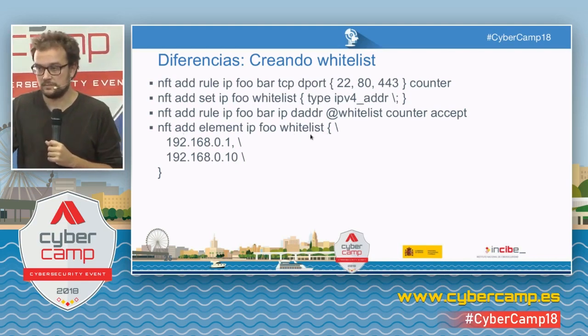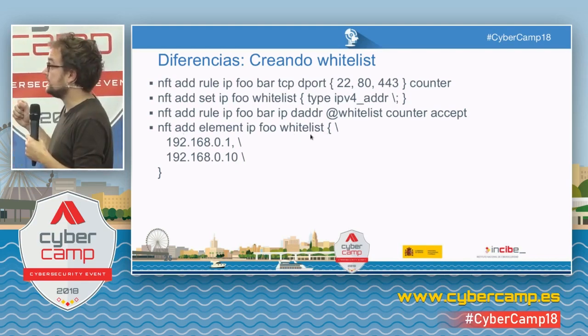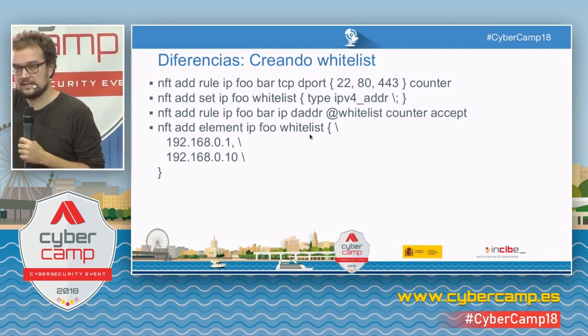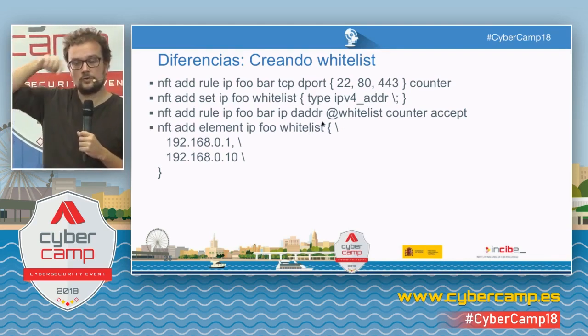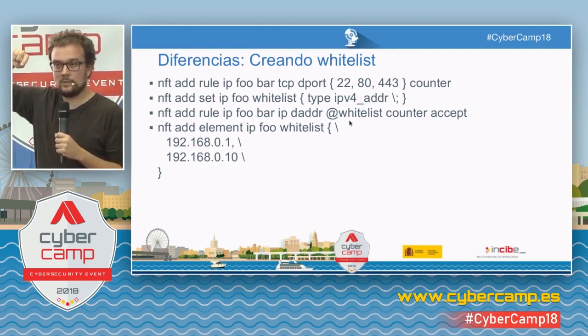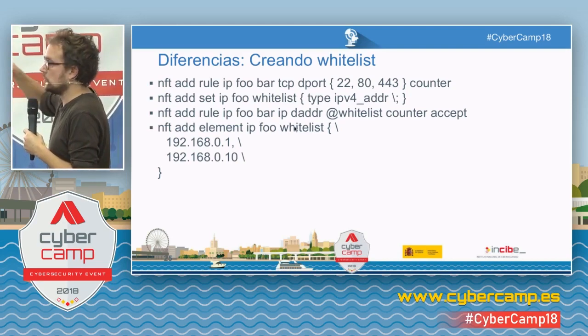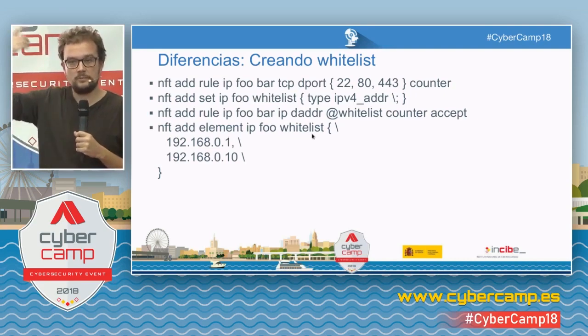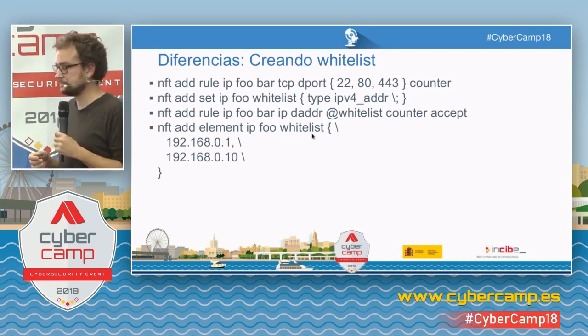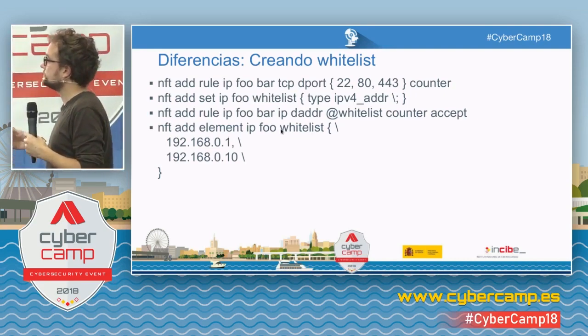So I can create an empty set first, where I define the rules for that set. Every hit will be assessed based on that, and then dynamically we can add and delete IP addresses.